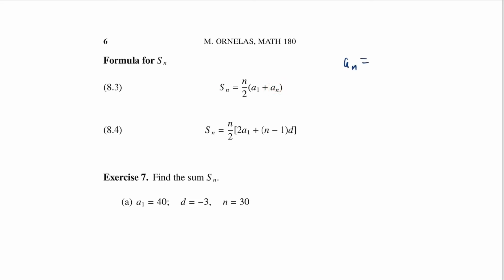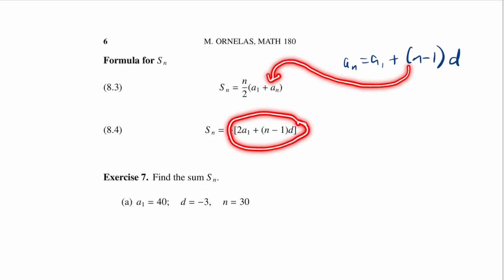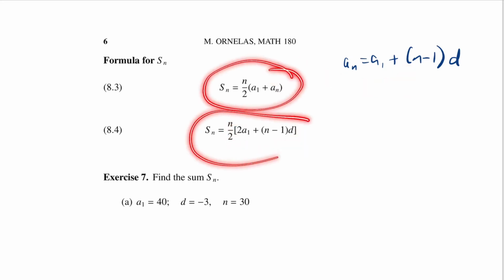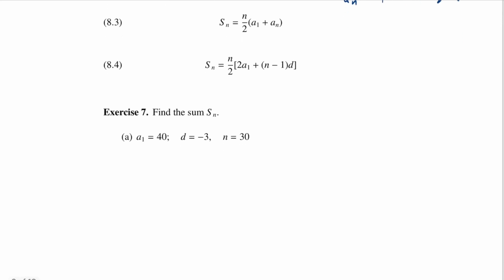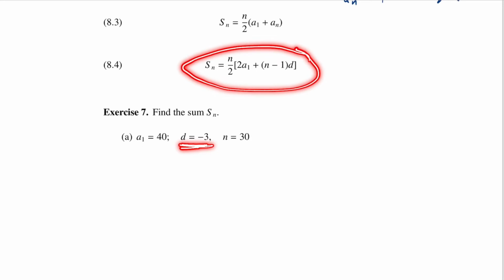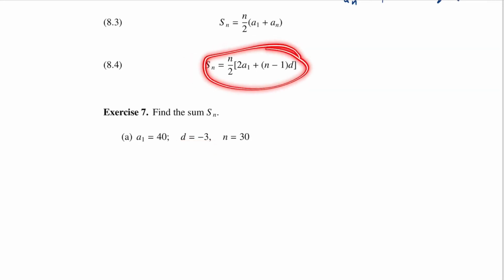All right, so let's see. They want us to find the sum of the first 30 terms. So they give us the first term, and they give us the common difference. Because they give you the common difference, I would go with this one. So let's go with this one. So it's going to be a sub 30, which is n is 30 over 2 times the first term, plus n, which is 30, minus 1 times the difference, which is negative 3.